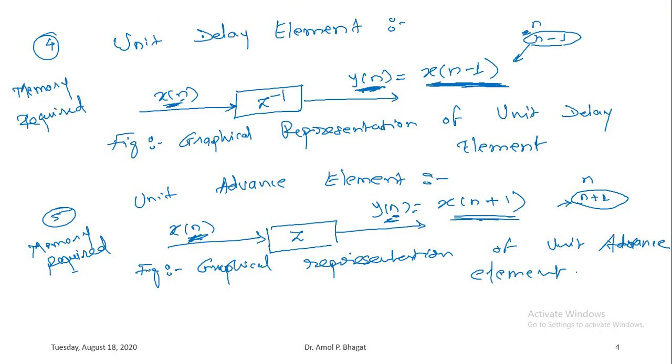The remaining two are the unit delay element and the unit advance element. In the unit delay element, the output depends on the past input sample, and in the case of the unit advance element, the output depends on the future input sample. So therefore both these elements require memory, right?